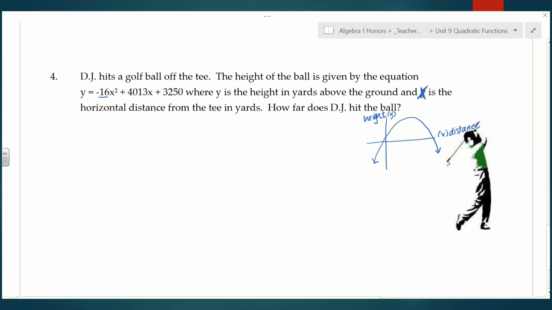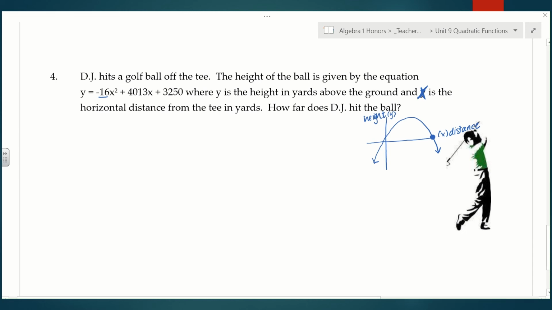If we're looking for how far he hits the ball, we're looking for this point right here, because that is where the ball is going to hit the ground and at what distance. So really what we're looking for is the x-coordinate of that point.